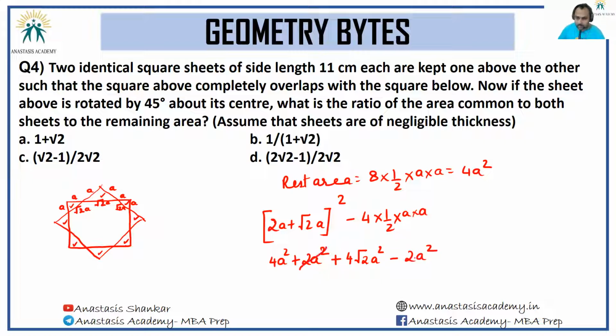So this and this one, we are left with 4A square plus 4 root 2 A square. So when they're asking me for the ratio, I need this number at the top and this number at the bottom. 4A square will get cancelled out. I will be left with 1 plus root 2. Answer to the question is option A.